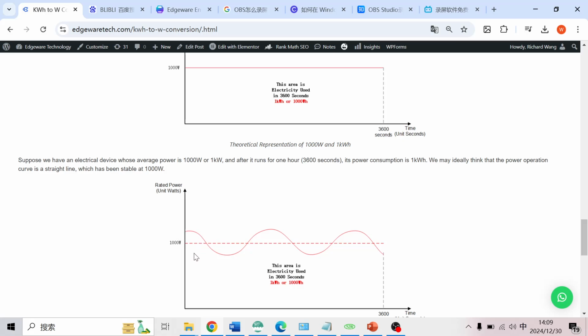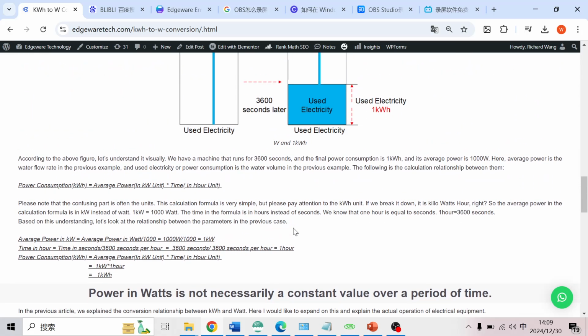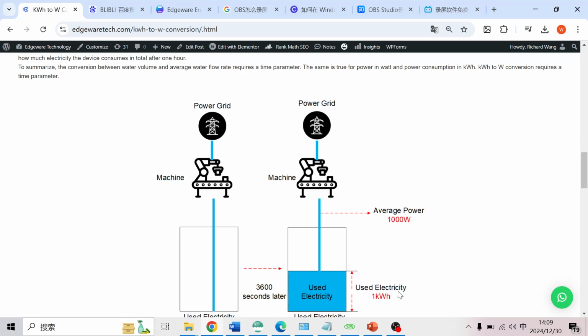For example, if I'm choosing a UPS system for this machine, I would consider 1,500 watts or a little bigger, just to have some margin to be safe. That's the concept here. If you have any questions, just let me know. I'm here. Thank you.